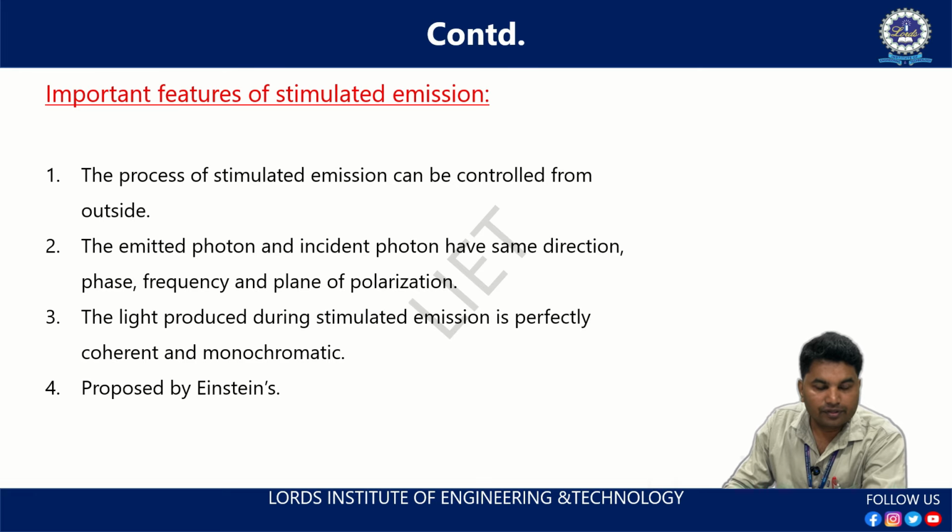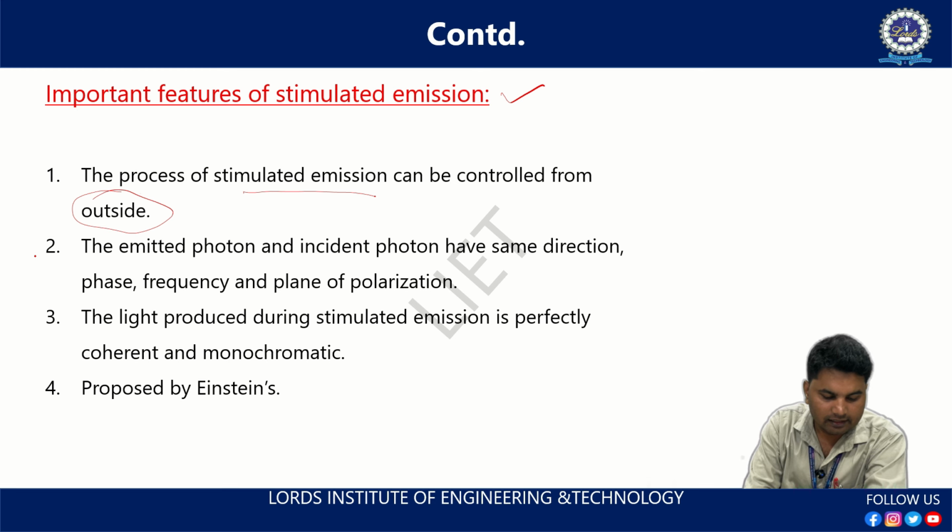So important features of stimulated emission. Here the process of stimulated emission can be controlled from outside. As we are giving the photon of energy, it is being controlled from the outside. Then the emitted photon and incident photon have the same direction, phase, frequency and polarization.